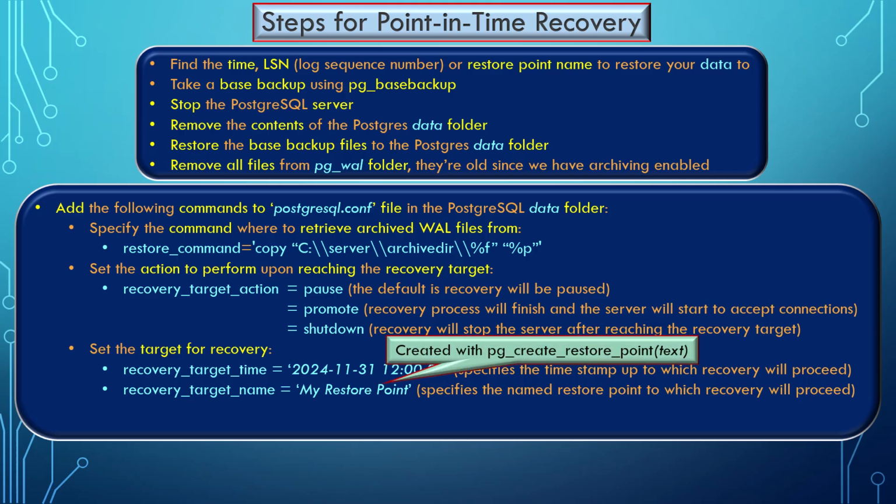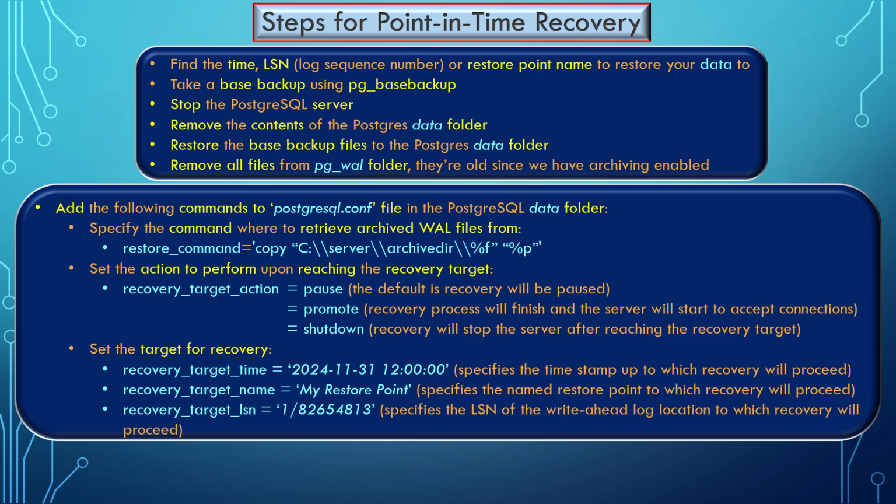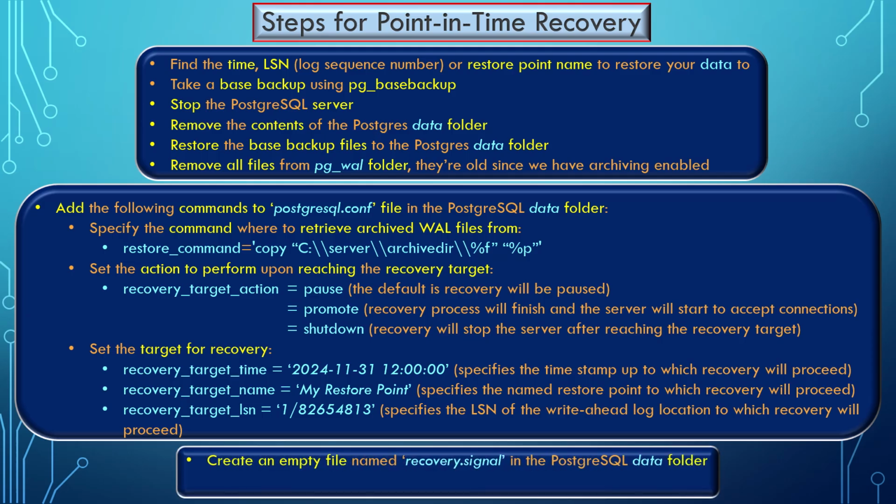The recovery target name can be created using the function pg_create_restore_point, or recovery_target_lsn, which specifies the log sequence number of the write-ahead log location to which recovery will proceed. Next, create an empty file named recovery.signal in the PostgreSQL data folder, followed by restarting the PostgreSQL server.